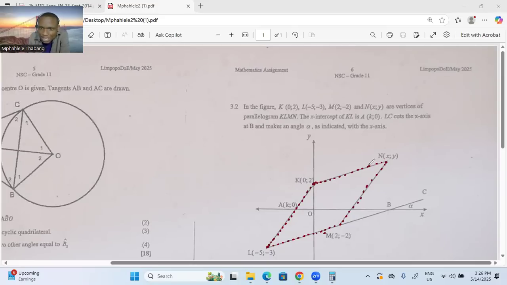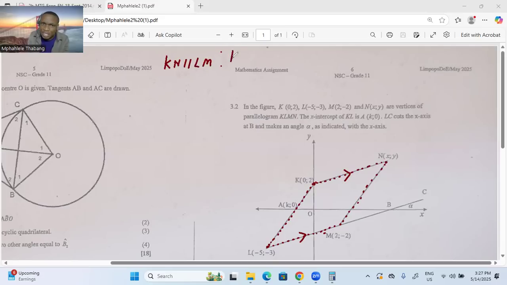So I'm going to take the side KN, which is opposite to LM, and say these two sides are parallel. KN is parallel to LM. Not only parallel, but they are also equal because we are dealing with a parallelogram. Let me write it here on top. KN is parallel to LM.